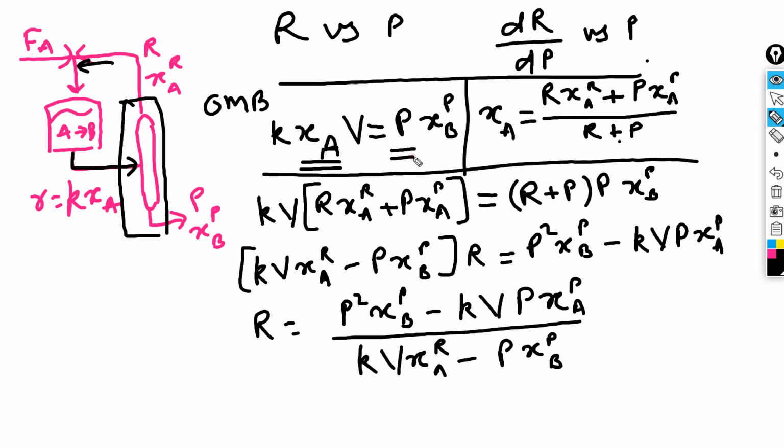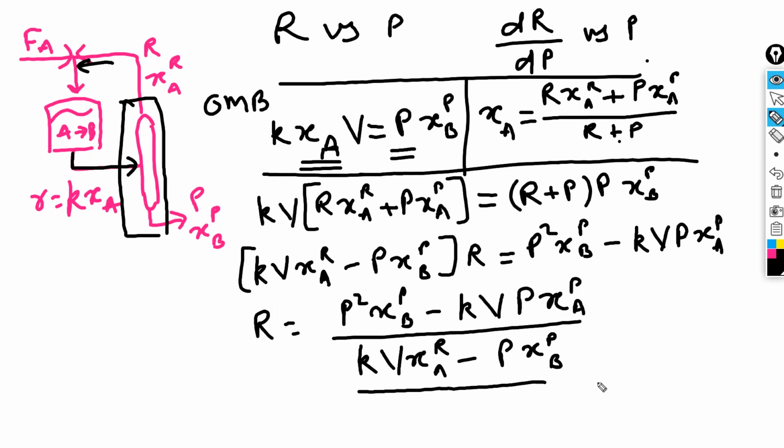In that condition recycle rate will go to infinity when this goes to 0, which is essentially saying that the overall material balance left hand side minus right hand side should go to 0. When this goes to 0, recycle rate goes to infinity. When recycle rate goes to infinity, your production is as large as possible.